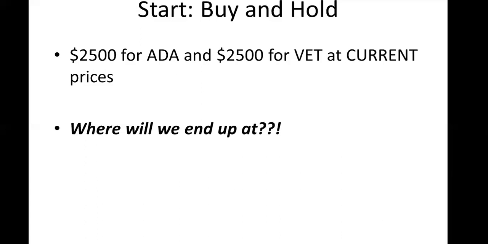Now, VET used to be VEN, and then it split 1 to 100 into VeChain and VTHO. I don't want to go into details about exactly what those are, but you get paid VTHO for holding VeChain.